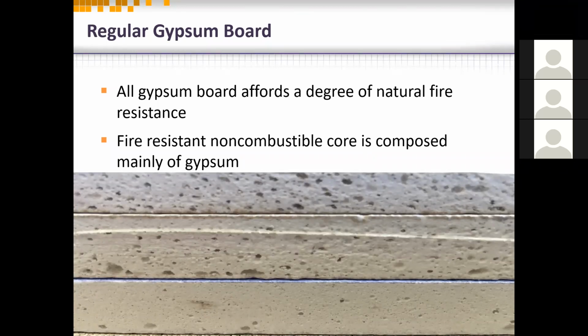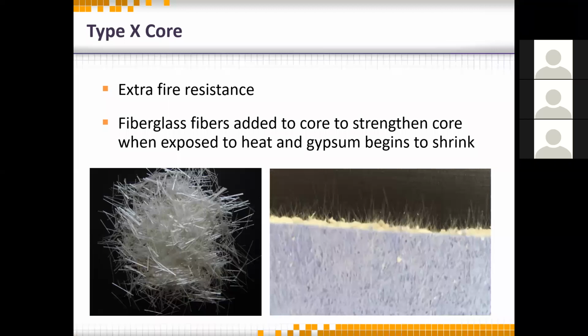So that's when we move into products like type X that you will see in a UL rated fire assembly. So type X, during that slurry, when they have that gypsum board combined and it's into that slurry part, they're going to take fiberglass filaments and integrate it into that slurry, so that when that board comes out and it's got the paper wrapped around it and it's ready to be cut, if you broke it in half and looked at it at the light, you would see these filaments exposed.